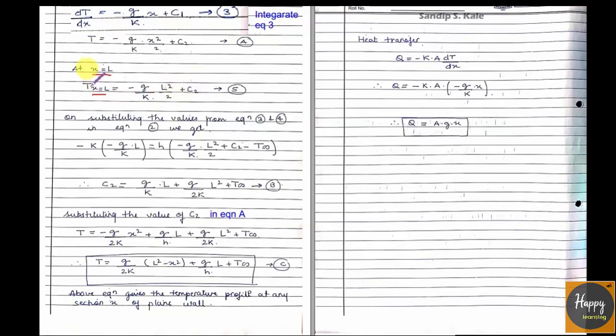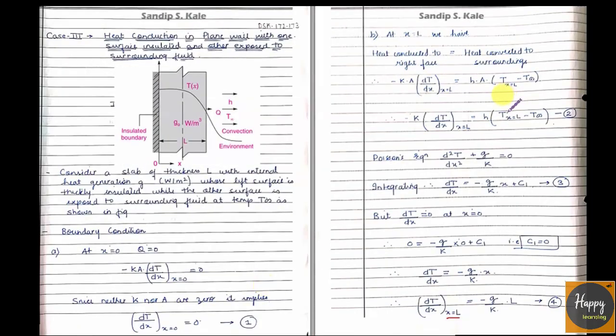I will substitute this T at x is equal to L in the energy balance equation. We will substitute this value over here, and we will substitute the value of dT by dx over here. We will equate this equation and we will find out the value of C2. Okay, I hope this is clear.